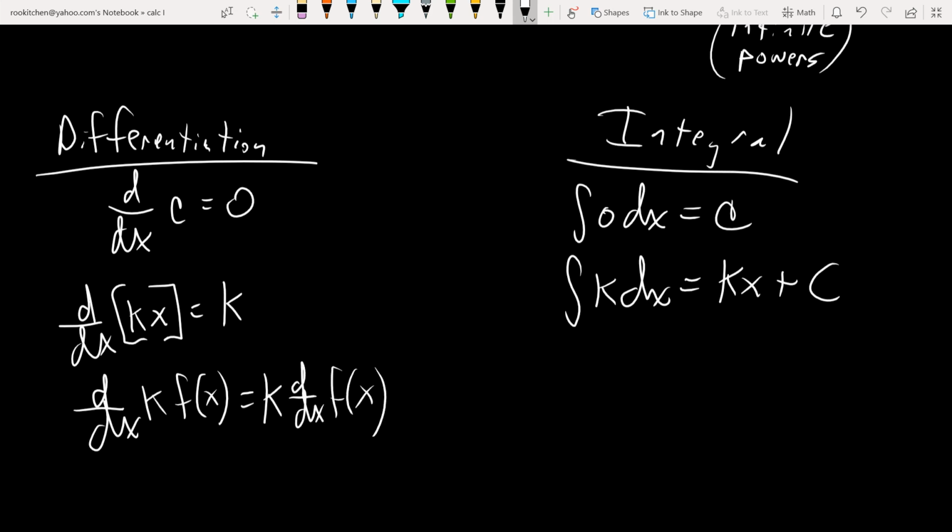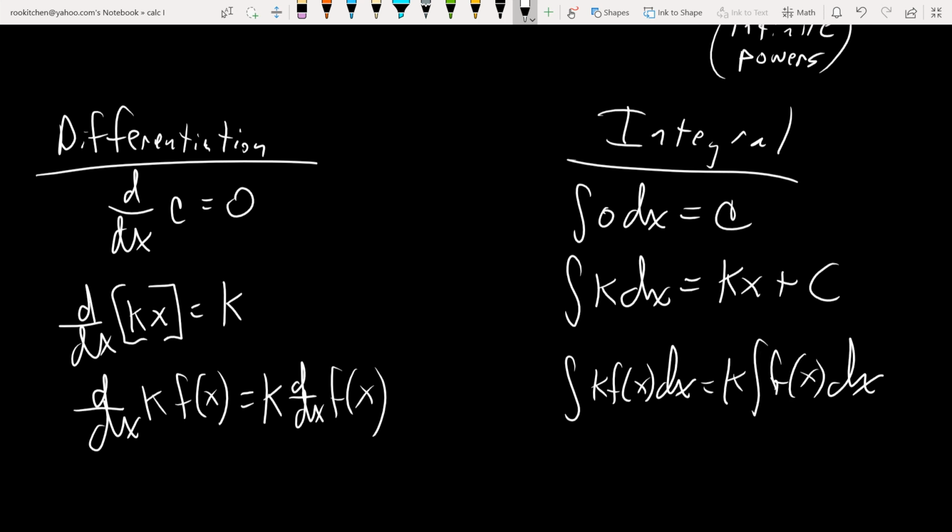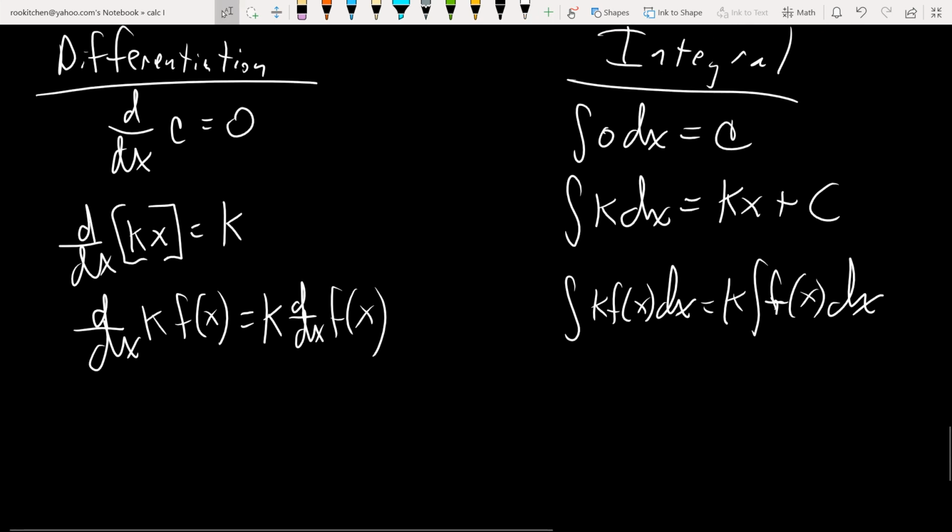And it turns out you do the same thing with integrals. The integral of k times f of x dx is equal to k times the integral of f of x dx. In general, the first thing you want to do when you do an integral, if it's really complicated, is to pull out the constants.